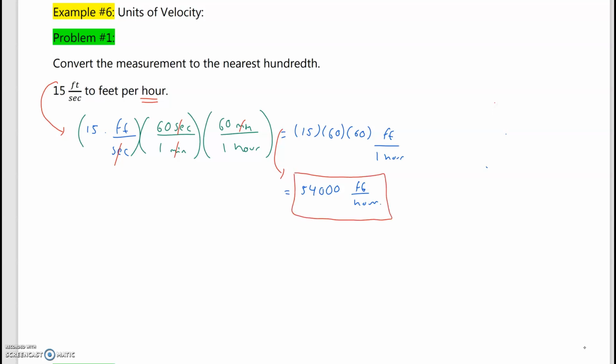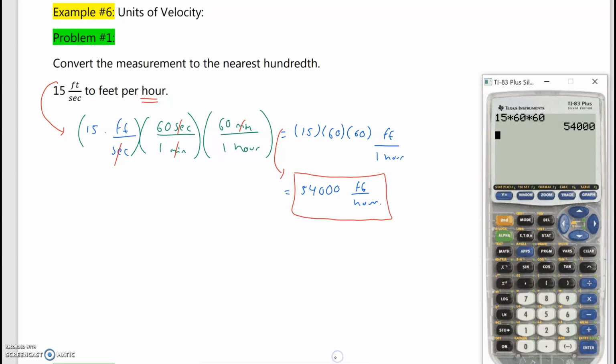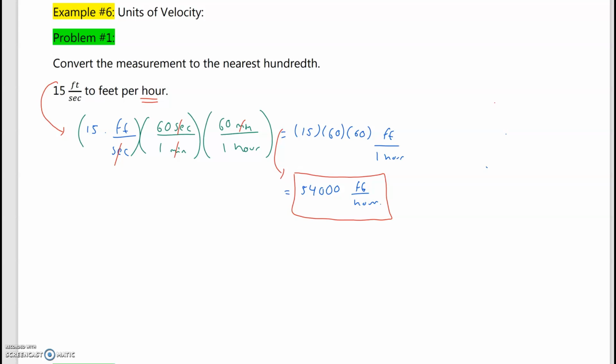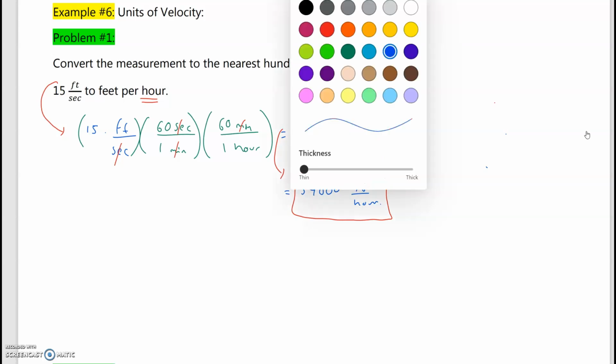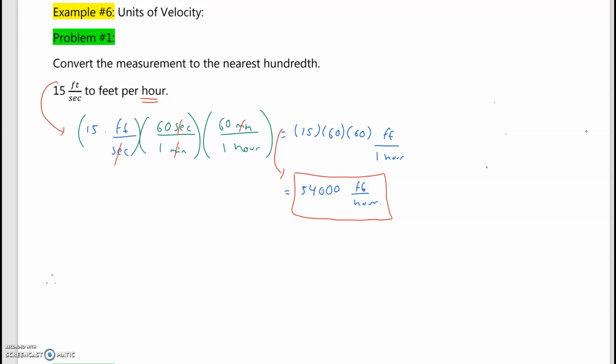Let me mark that in and double check the answer. 15 times 60 times 60, 54,000. Okay, we're good. Since it technically represents a word problem, let me just write it as a sentence. So 15 feet per second represents 54,000 feet per hour.